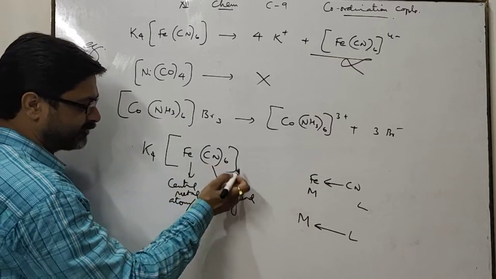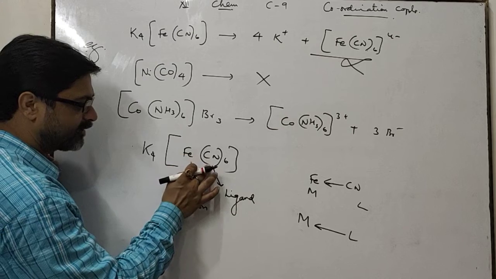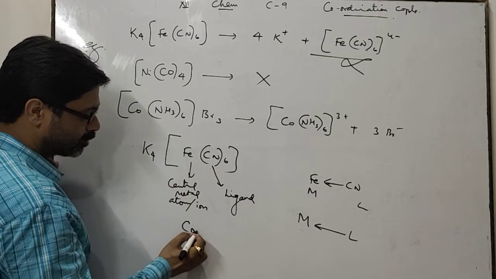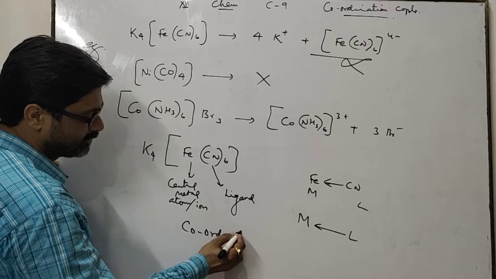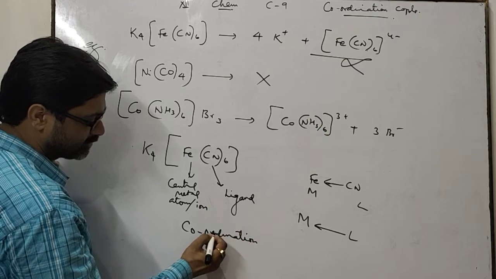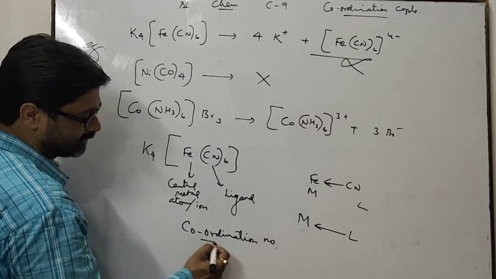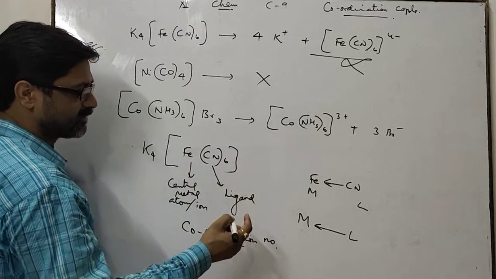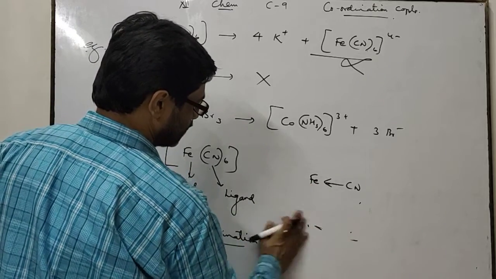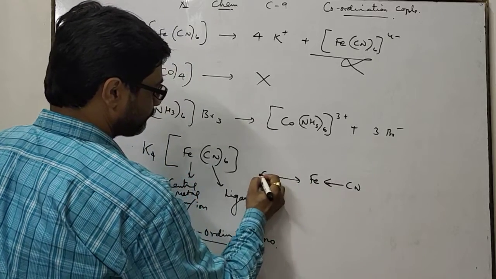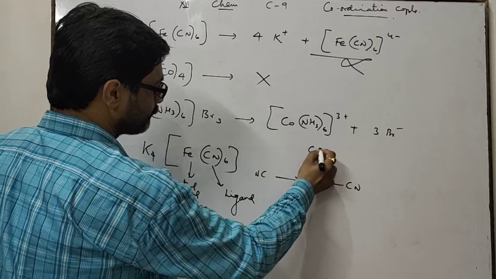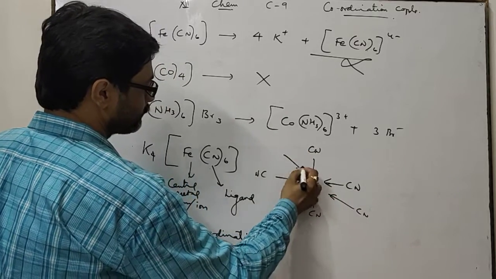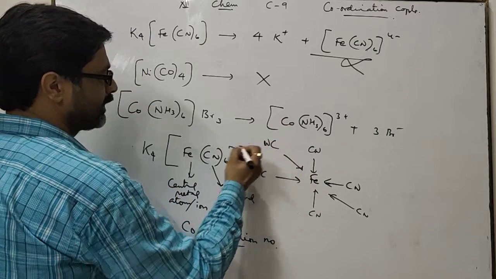The total number of coordinate bonds formed by the central metal is called the coordination number of that metal. Here see, Fe forms 6 coordinate bonds like this.